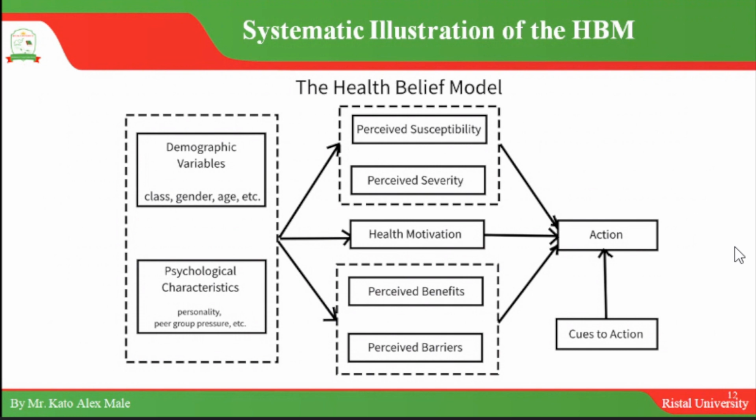So you can see the arrows take you to perceived susceptibility. Sometimes some people are like, after all, I'm not a woman. It is women who are at risk of breast cancer, forgetting that even men have breasts. So they are also susceptible to breast cancer. Are you seeing how gender is trying to determine susceptibility?